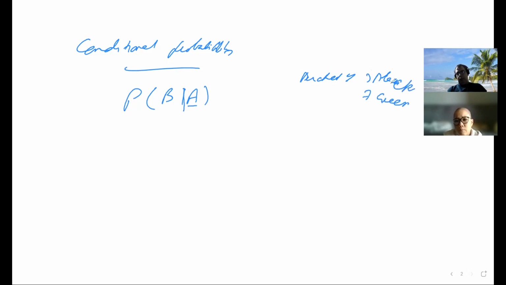You have to find the probability of getting a black ball, provided that in the first chance a green ball has been chosen. In this type of question, this is not a joint probability. You are not finding A and B, you are finding only the probability of B, and it is given that A has already happened.